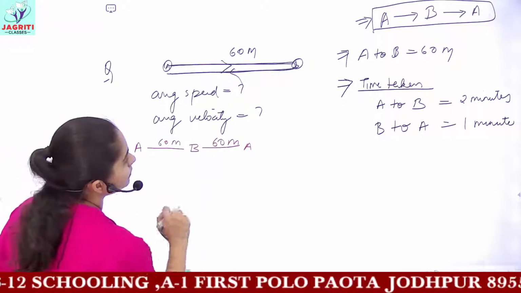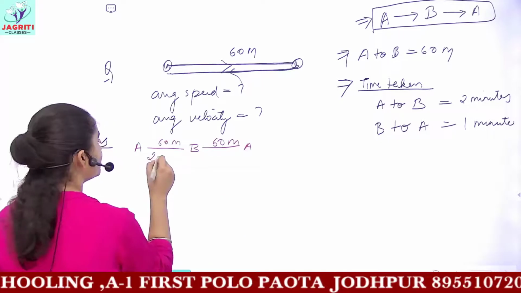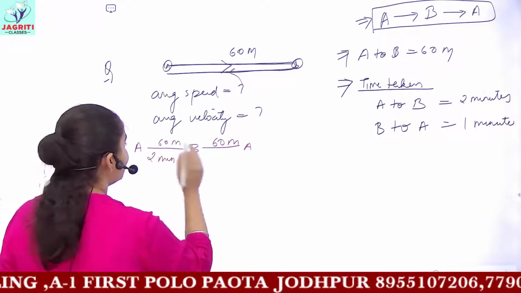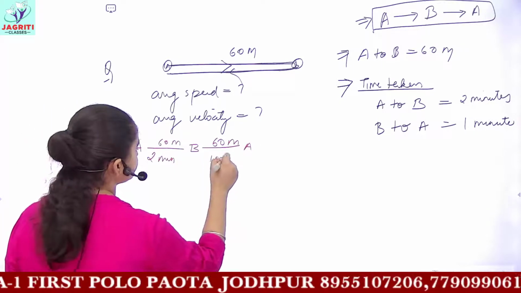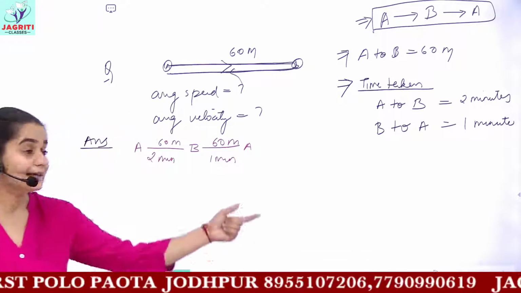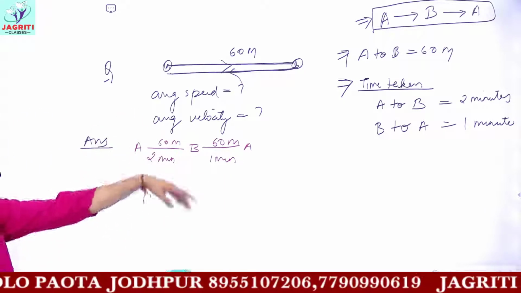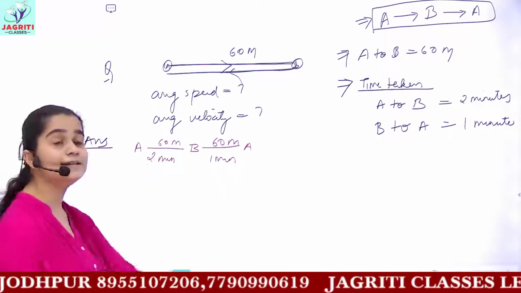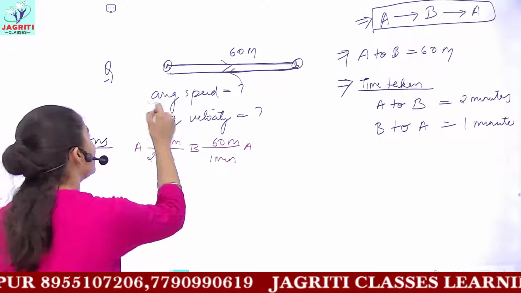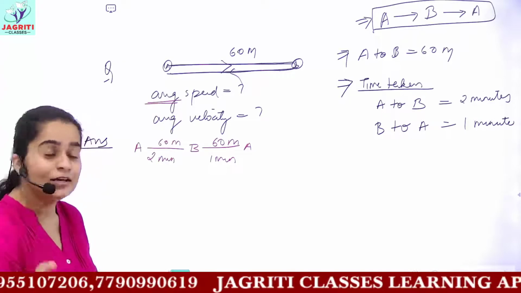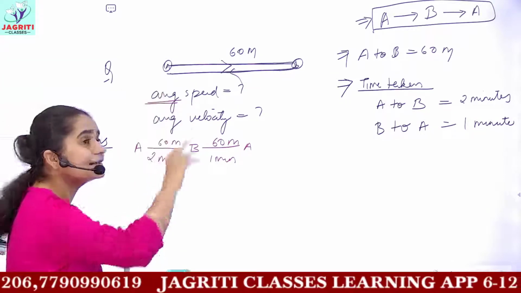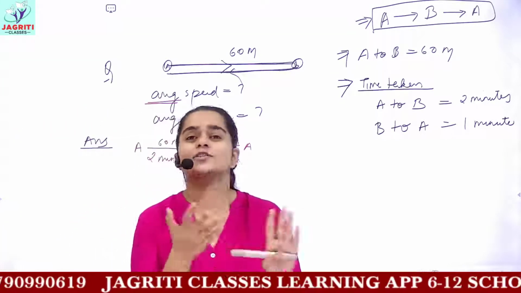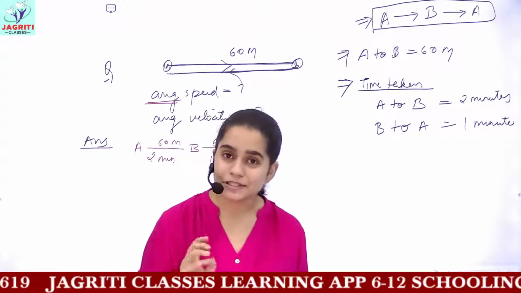But the time interval, what is the time interval? For the first journey, 2 minutes, and then for the return journey, the time is 1 minute. Now can you calculate? See, we have equal distance, but we have unequal intervals of time. Therefore, we are asked to calculate average speed. Whether it is written that calculate average speed or not, please clear your concepts.